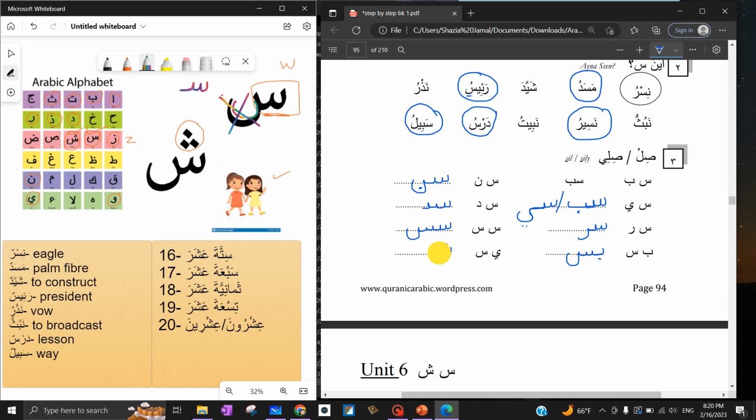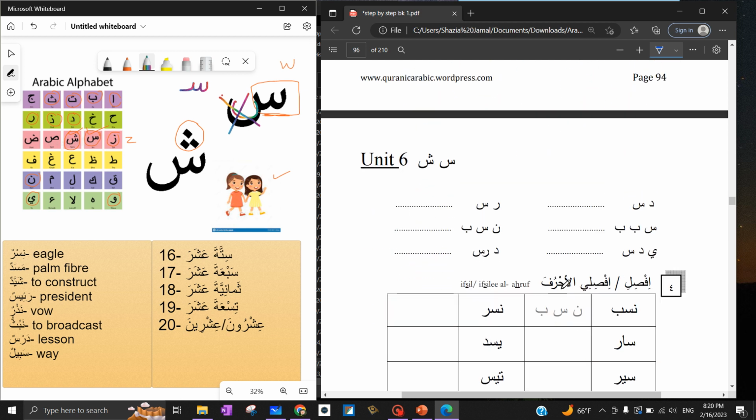Ya and again seen. It's the final letter. It will be in the full form. So this ya will be the same as ba. Ba and ya are written similar. So let's see dal and seen.